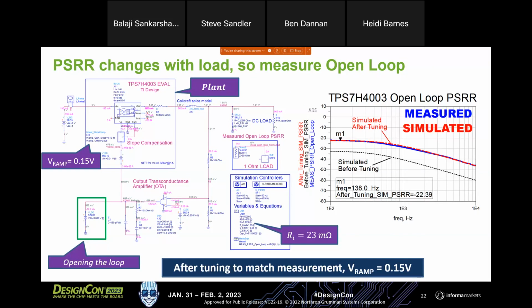If you take our measurement, which was around minus 22 dB, and use that to tune our VRAMP and RI values, we find through this example that in this specific VRM, our VRAMP is actually not 0.055, which is what we calculated before, but it's actually 0.15. And our RI value is actually 23 milliohms instead of what we calculated with the nominal datasheet value of 25 milliohms. So those are the things you want to keep in mind.